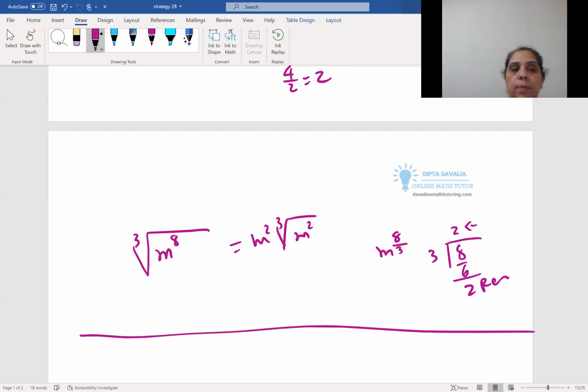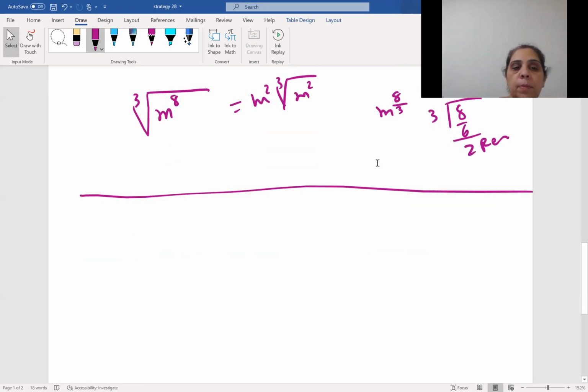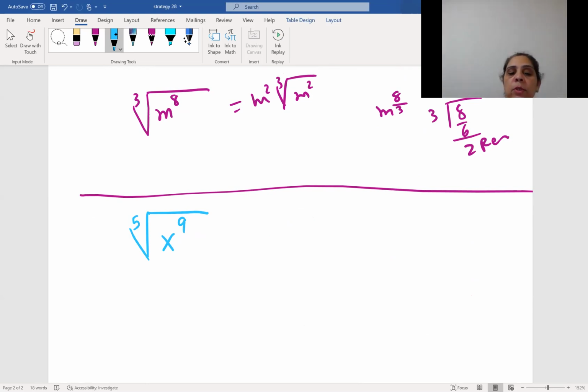Let's see another one. We have x to the 9, and here is 5. So what exponent can you write? x to the 9/5, right? So you just convert to a mixed number. 9 divided by 5 is 1. 5 goes here.